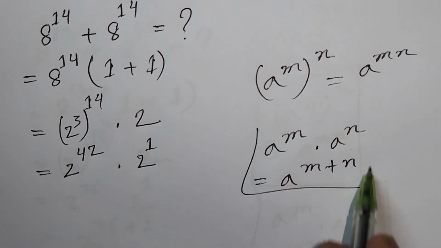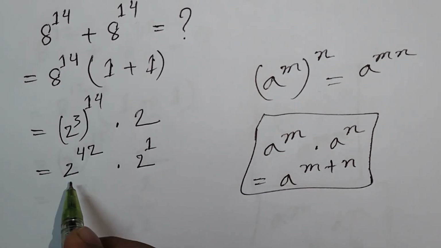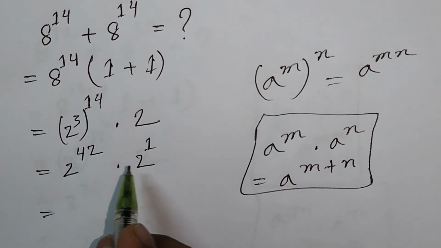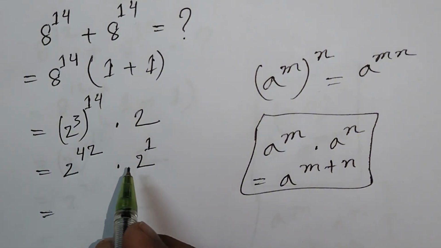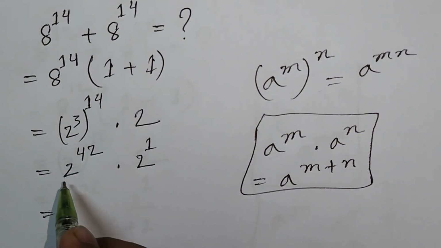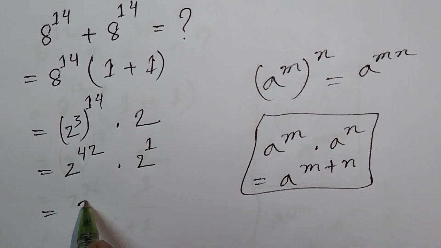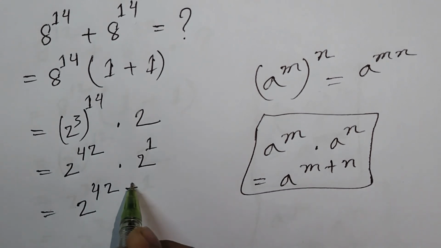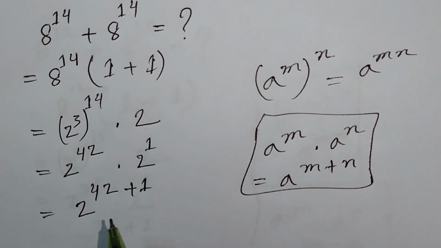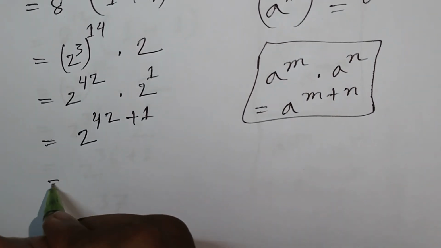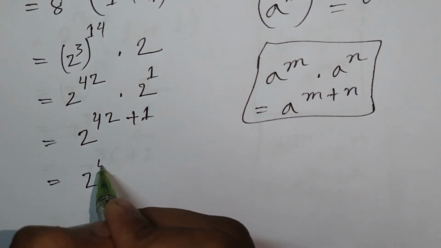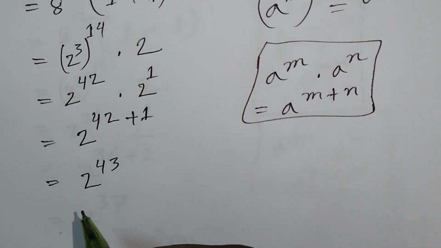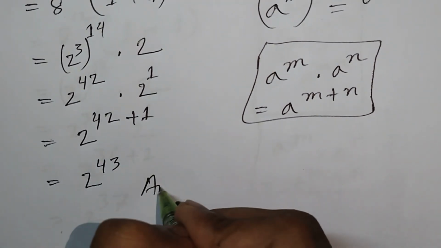So according to this rule, 2 and 2 have the same base but different powers, so we can write here 2 to the power 42 plus 1, that is 43. This is the final answer.